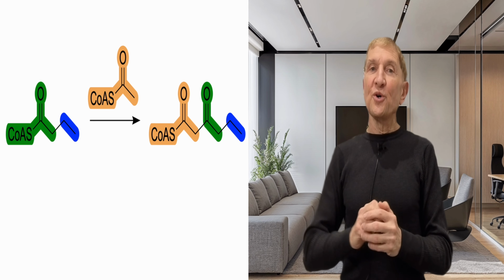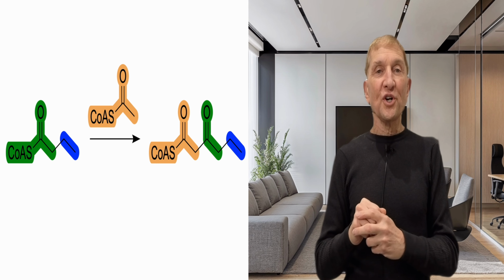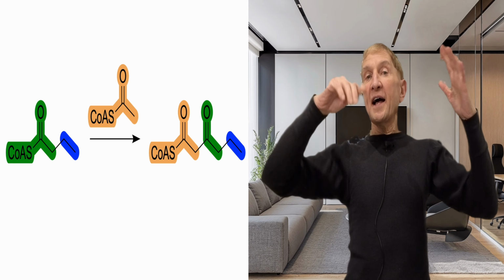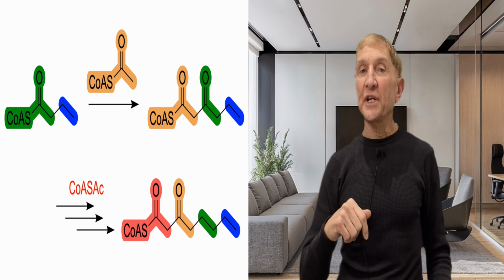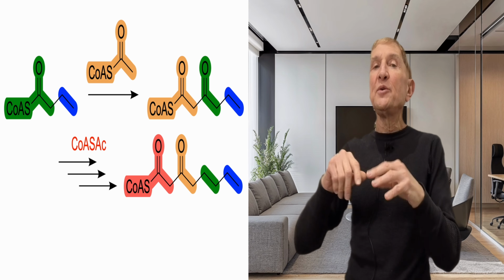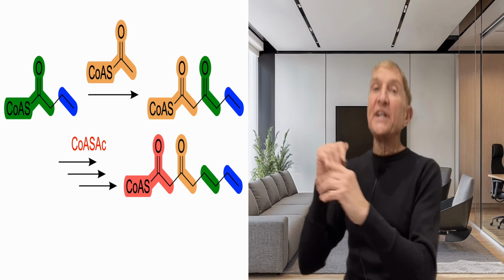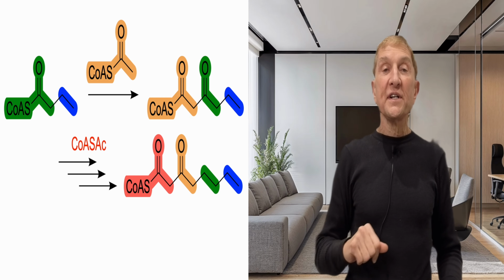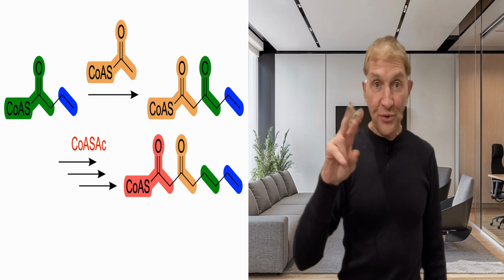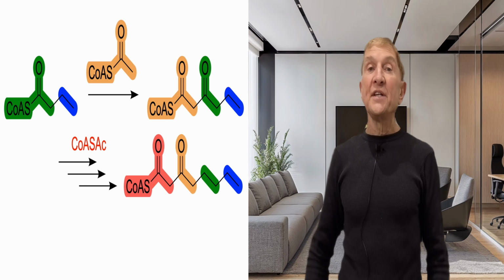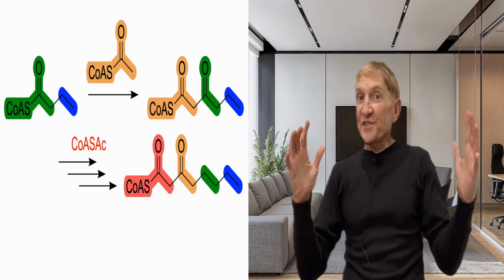That can undergo another Claisen condensation, generate another 1,3-dicarbonyl, which is reduced again by NADH, dehydrated to give an alpha-beta unsaturated system, and reduced by FADH2 to give 6 carbons in a row.